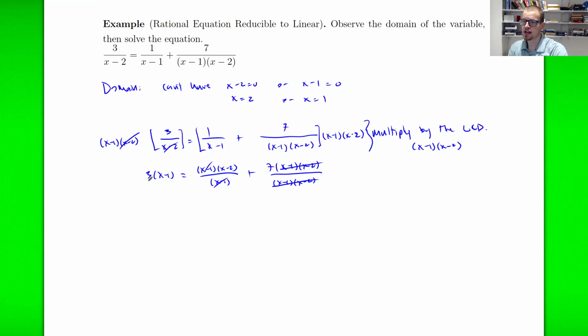So on the left-hand side, I can distribute the 3 into the parentheses to have 3x minus 3 is equal to x minus 2 on the right-hand side plus just the 7 now. So I have expanded, simplified a little bit. Now I can combine like terms. Clearly at this point, I have a linear equation. So I just want to work towards getting all of the x's on one side and all of the constants on the other.